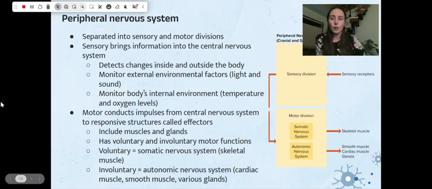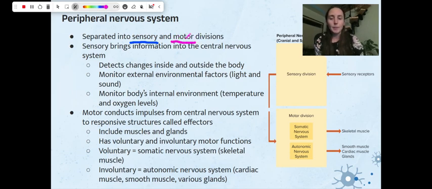And we can further classify or organize our peripheral nervous system in a few more ways than we can with our central nervous system. So we first are going to separate it into two different kinds of divisions. One is the sensory division, and the other one is our motor division.